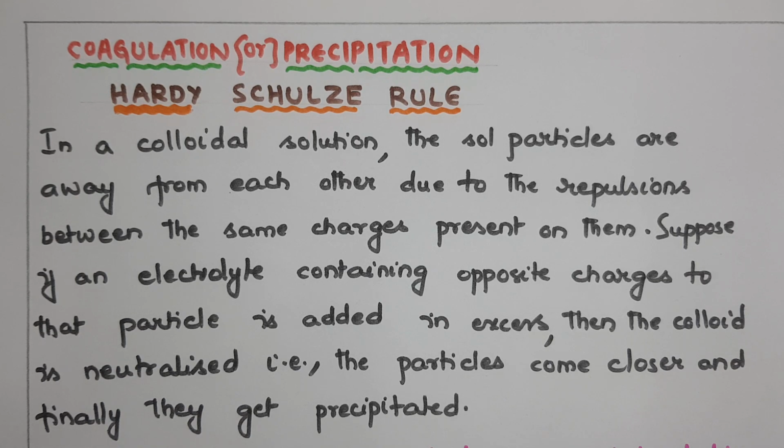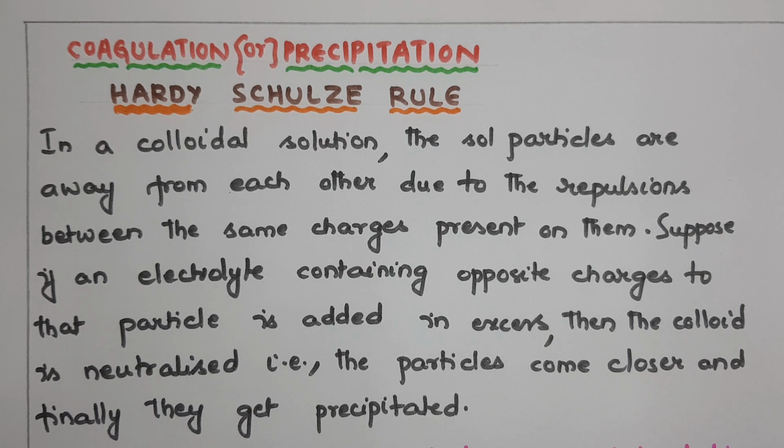Without any delay, we will try to understand what this coagulation or precipitation of colloids is. In a colloidal solution, students, the sol particles are away from each other. Why are they away from each other? Or the distance between the sol particles will be high. What is the reason?